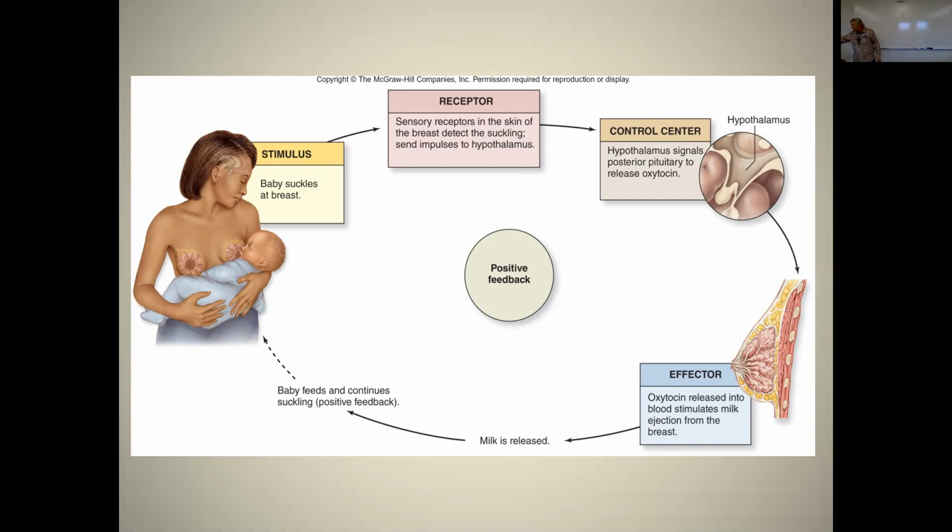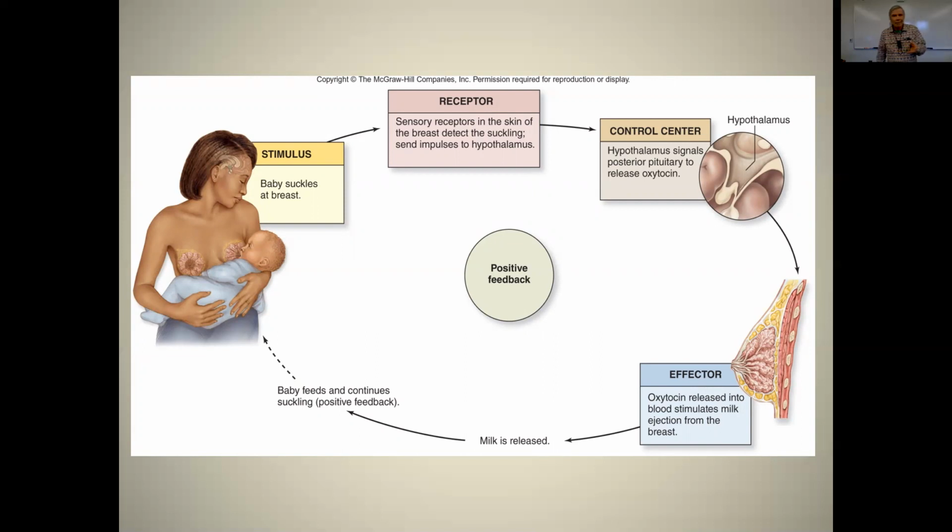The hypothalamus signals the posterior pituitary to release oxytocin. Oxytocin released in the blood stimulates milk ejection from the breast. Milk is released, and the more the baby sucks, the more oxytocin is produced, the more milk is produced. Once the baby stops suckling, that stimulation is gone and the oxytocin production is removed.